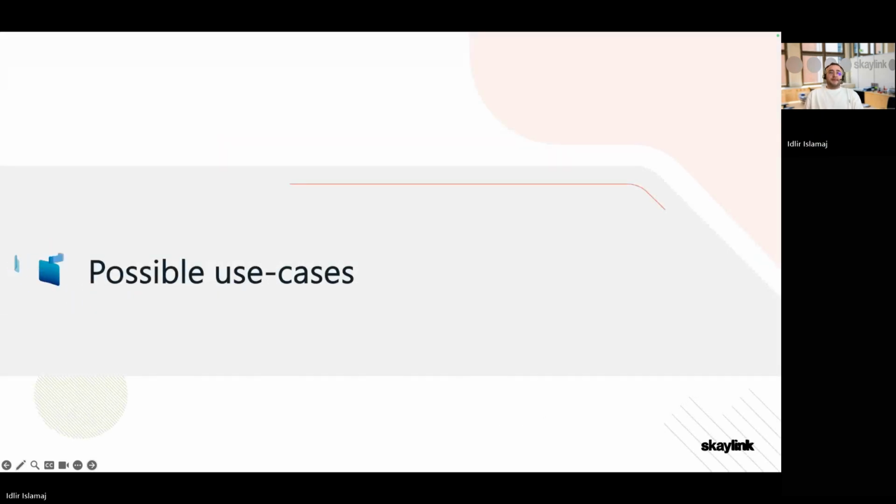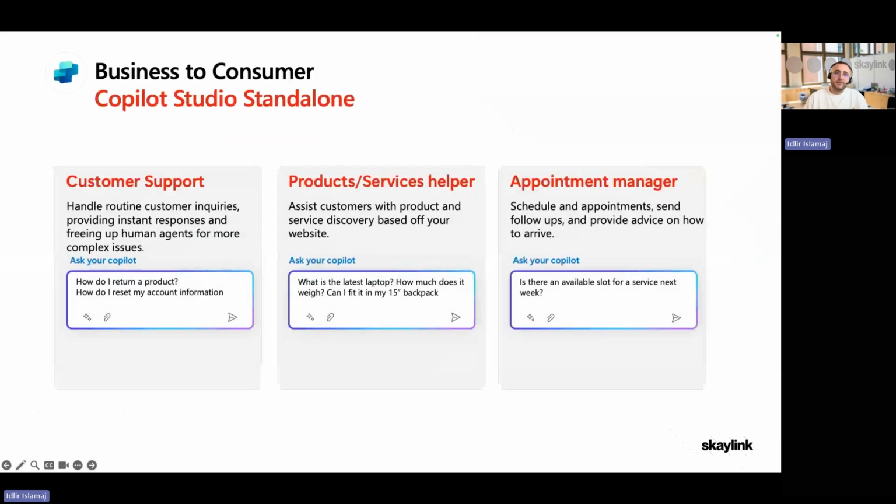Now, we talked about Copilot Studio, we talked about conversational AI, we talked about all these possibilities on how you can actually use Copilot Studio. Now, to better understand how it is being used today, we have some possible use cases.